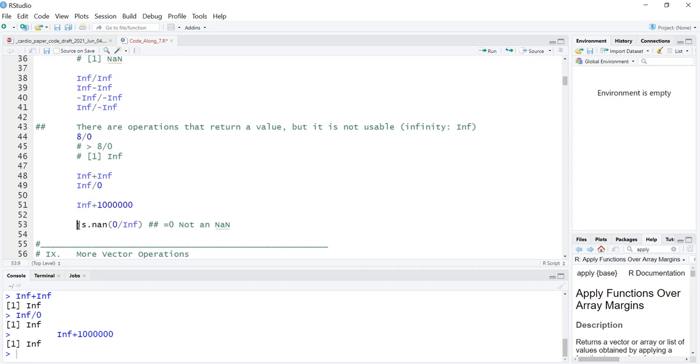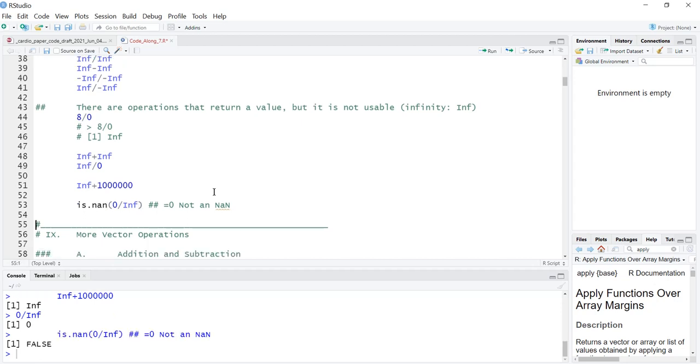Now, we have something that detects not a number, or NaNs, is.nan, and I'm putting a value in there. And remember, it's saying that this is 0, okay? Which is correct, it is 0. So 0 divided by infinity is 0, so that's a number. So if I run this, it says false. This is not an NaN.